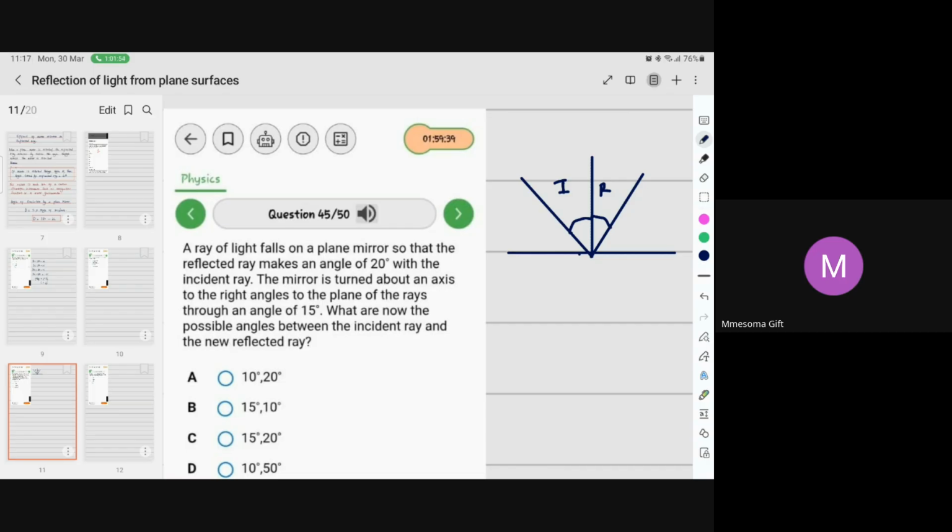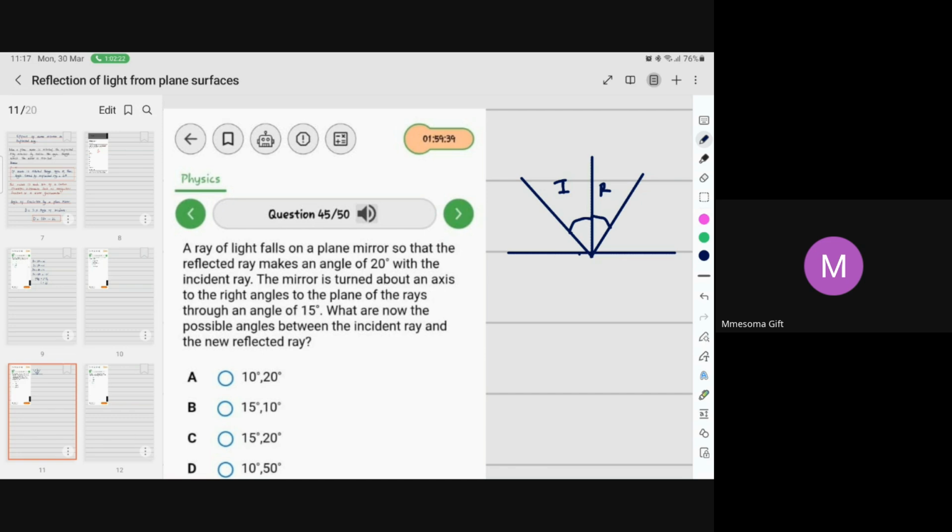We will have I equal to 20, that is the sum of R and I. Okay, the sum of I plus R is equal to 20. Then how does 2I now come in? Remember that R is equal to I. Is that okay? And that answers it.